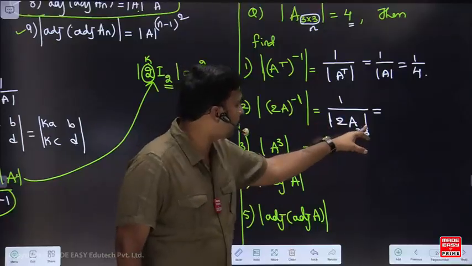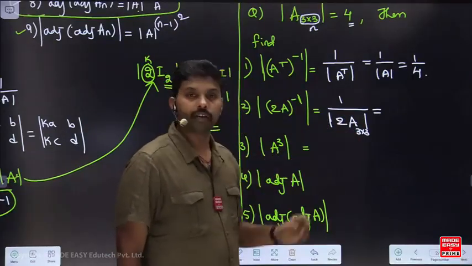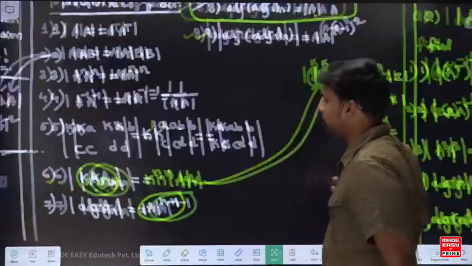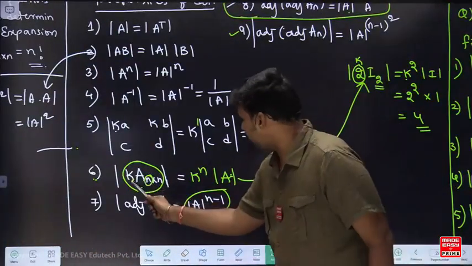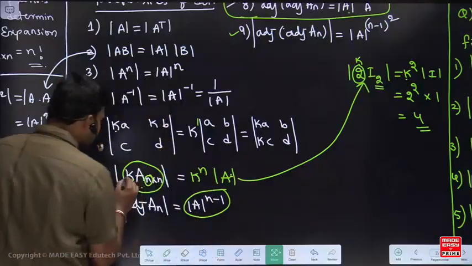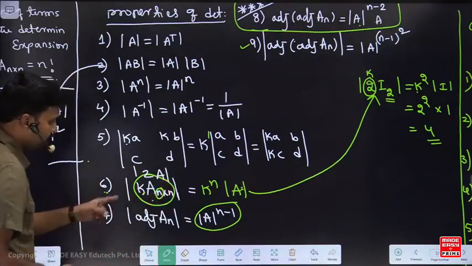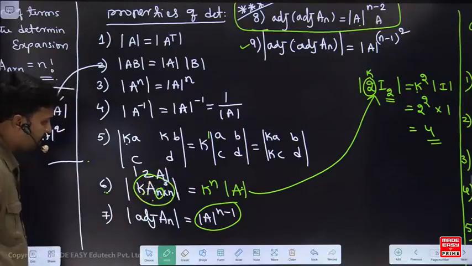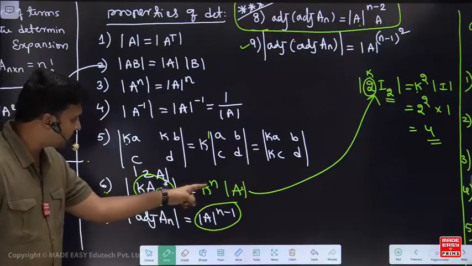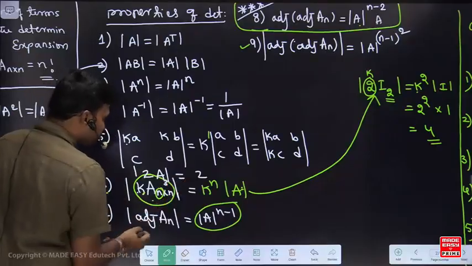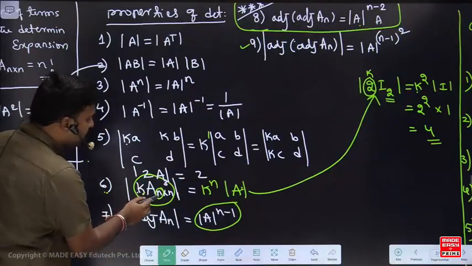Now how do you find out the determinant of this 2A? Yes, tell me what is the determinant of 2A, where A is of order 3 by 3, right? According to this, it is k power n into mod A. What is k here? 2. So it is 2 to the power of n. What is n here? 3.